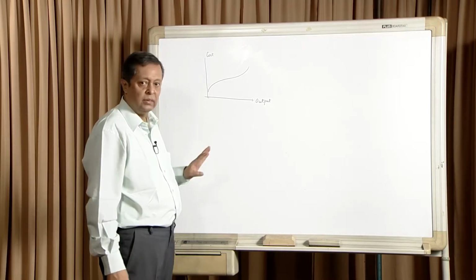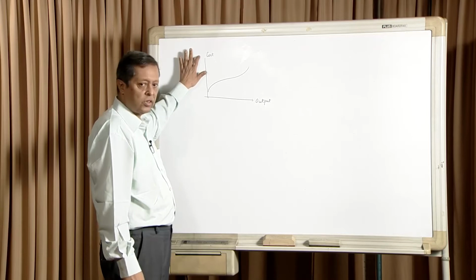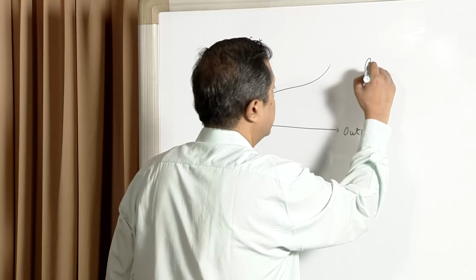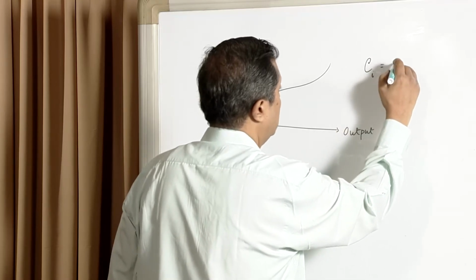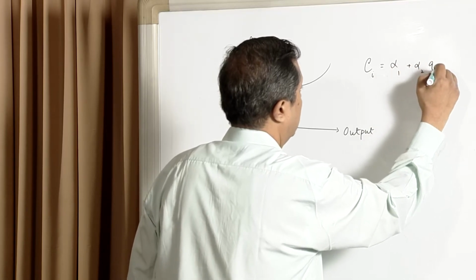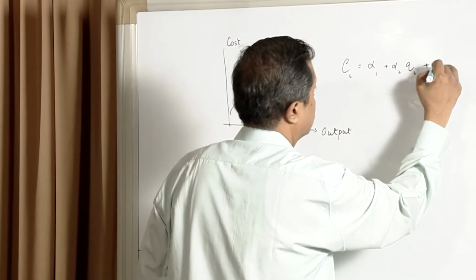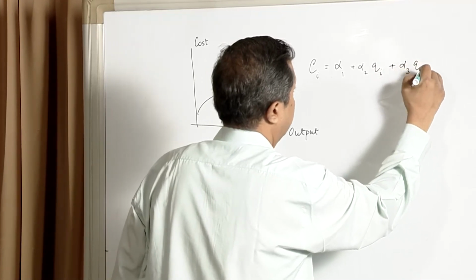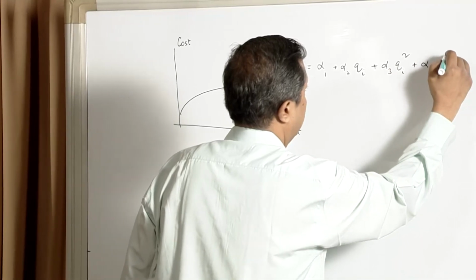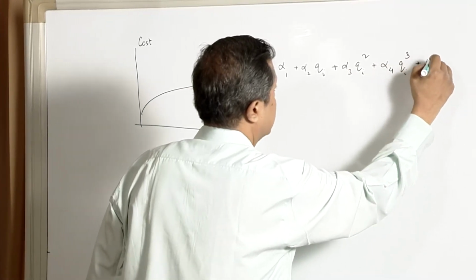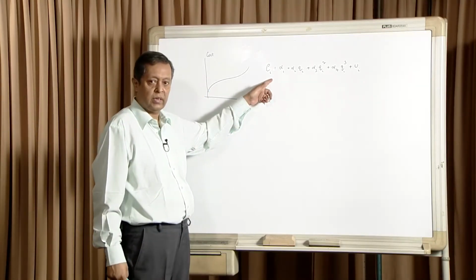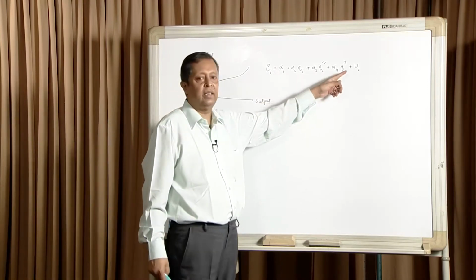So, the equation showing the relation between cost of production and output would be given as Ci equal to alpha 1 plus alpha 2 Qi plus alpha 3 Qi square plus alpha 4 Qi to the power 3 plus ui. That means this cost equation is non-linear in the Qi's.